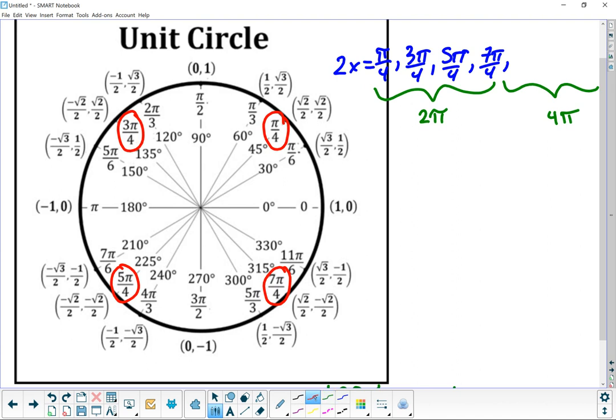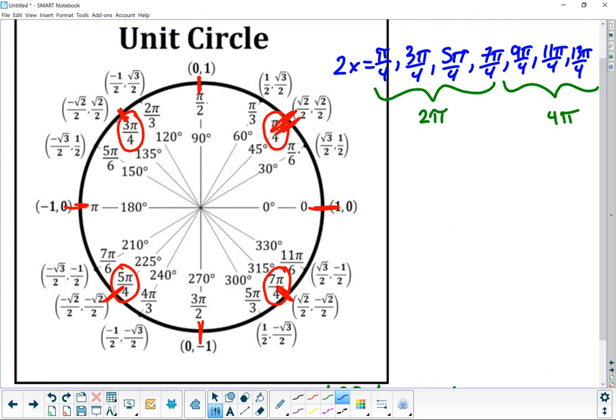If we count, that's 1 pi over 4, 2 pi, 3 pi, 4 pi, 5 pi, 6 pi, 7 pi, 8 pi, and then we'll do the second round. 9 pi over 4, so I'll write that down. I need 9 pi over 4. Not 10, but 11 pi over 4. Not 12, but 13 pi over 4.